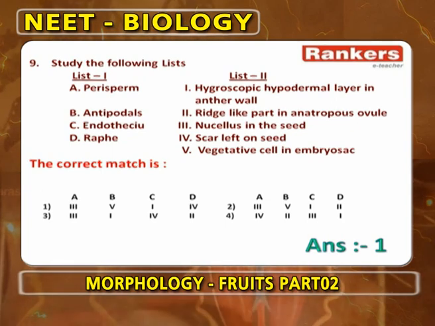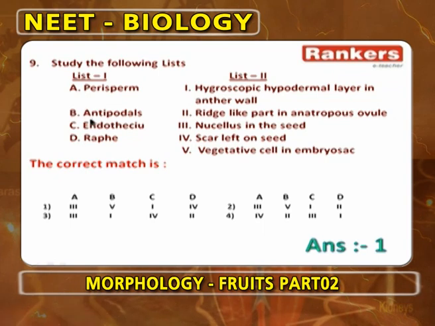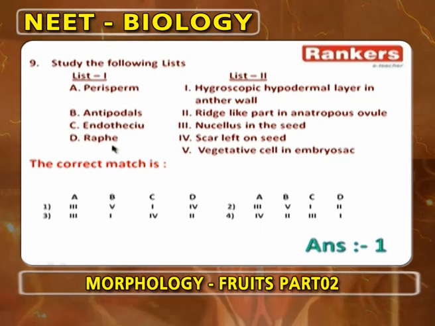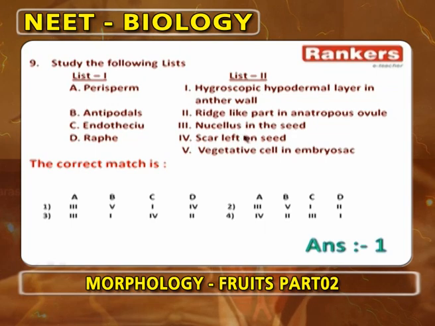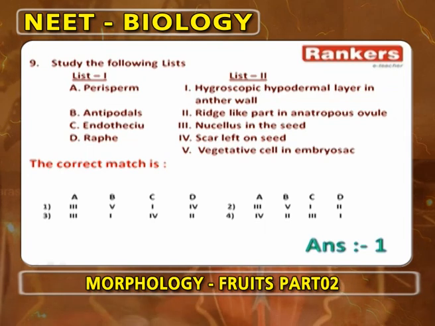It is a matching. List 1, list 2. Perisperm, antipodals, endothecium, raphe. Hygroscopic hypodermal layer in anther wall, a ridge-like part in anatropous ovule, nucellus in the seeds, scar left on the seed, vegetative cells of embryo sac.